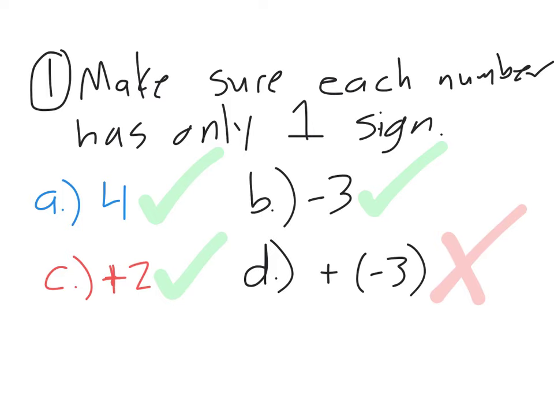All right, another example that you would have to fix. If you had something like minus a -8. That's bad, okay? Because it has 2 negatives. It has 2 signs in front of it. So I've got to fix that.